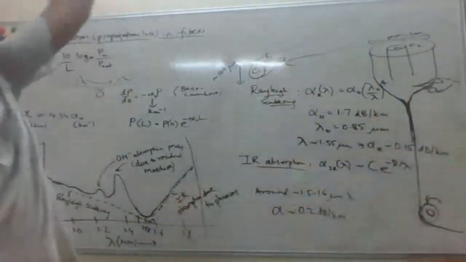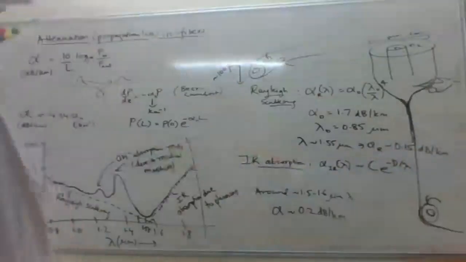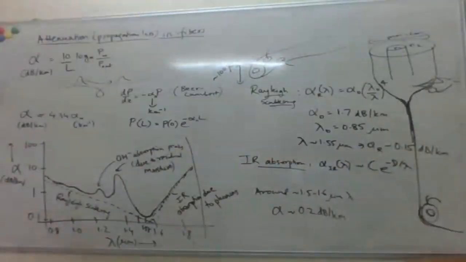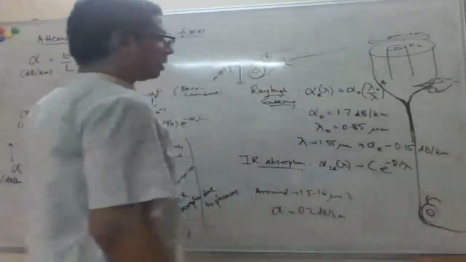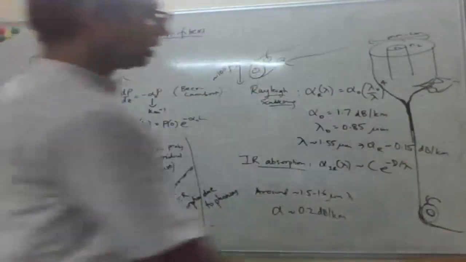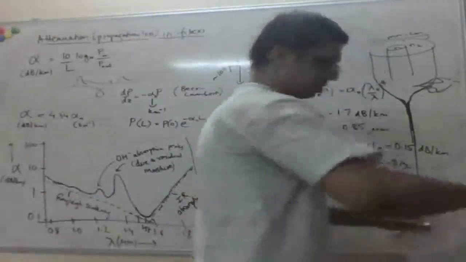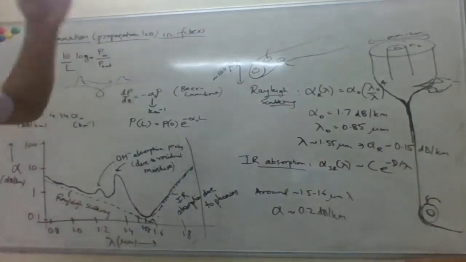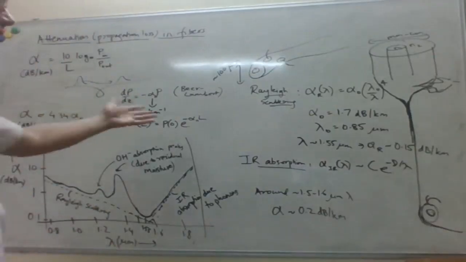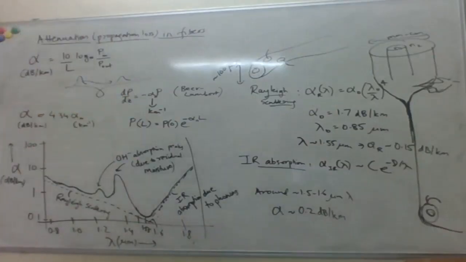So you have these big fiber draw towers, which are tens of meters tall, and then you have these heating elements, and then you draw them into very thin fibers, and then you can spool them up here. Okay, and so this technique has been perfected over many years to get these ultra pure glass fibers with extremely low loss.